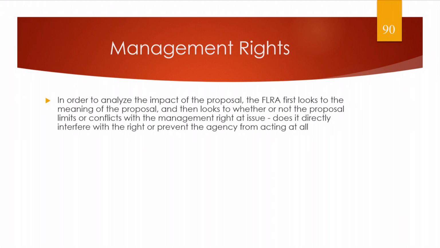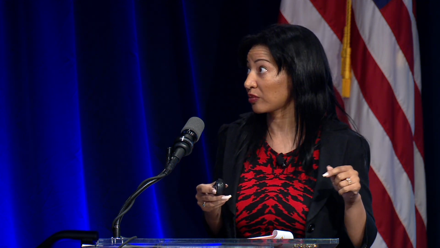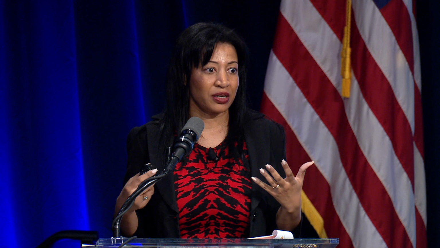First, in terms of analyzing the impact of a proposal, FLRA first looks to the meaning of the proposal. They want to see the exact language of the proposal and whether it limits or conflicts with the management right at issue. In other words, does it directly interfere with the right? Does it prevent the agency from performing that right? For instance, for the management right to hire, does this completely prevent management from hiring or selecting?